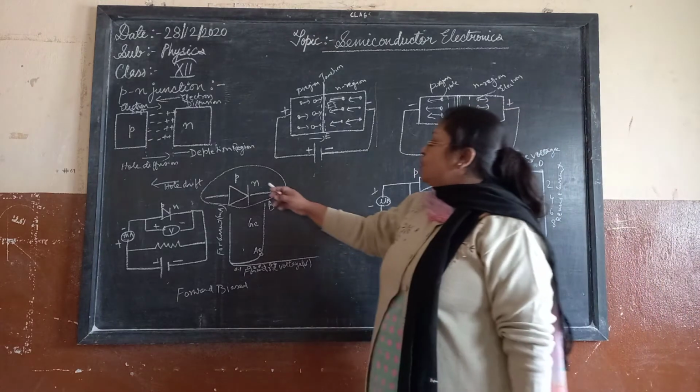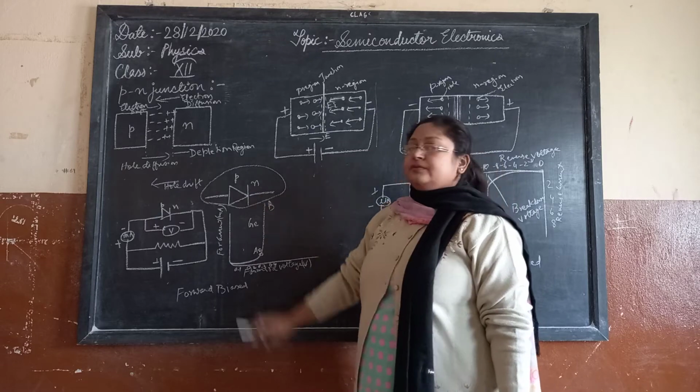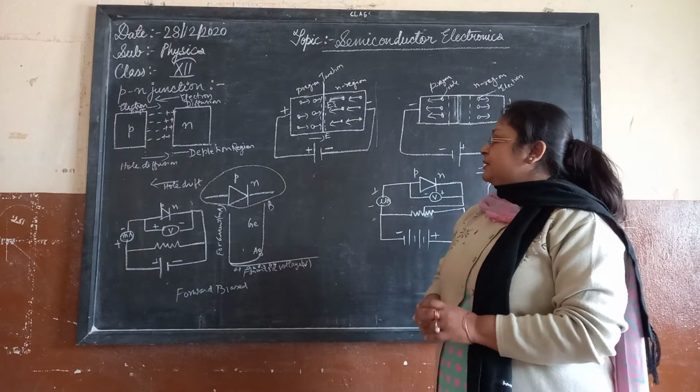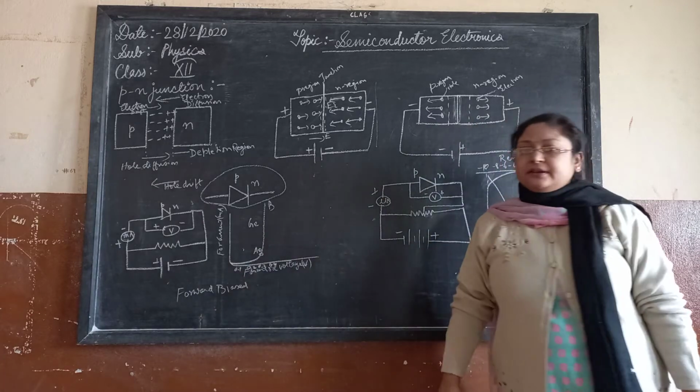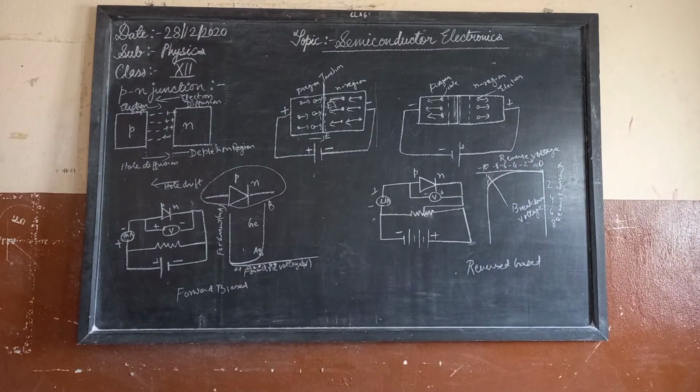There is one extra electron which is free to move, and thus there are more electrons in comparison to holes. In P-type semiconductors, the holes are more than the electrons.